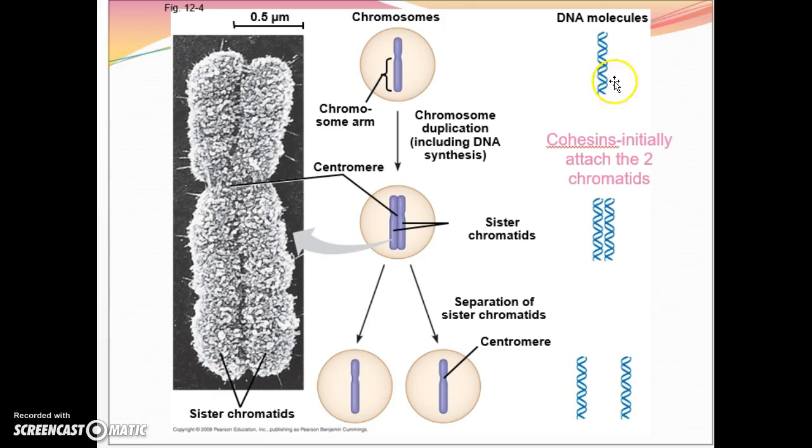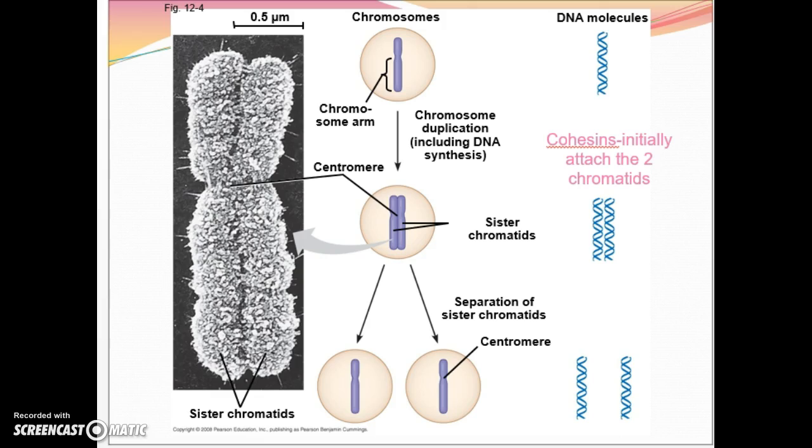I have that over here in the pink. So the cohesins make this tight structure that you see right here. But as time goes by and as the chromosome condenses more, the region where the chromatids connect shrinks to a very narrow area that's made up of two centromeres. And so we can see that here. These two centromeres actually become the only place where the two chromatids are attached.